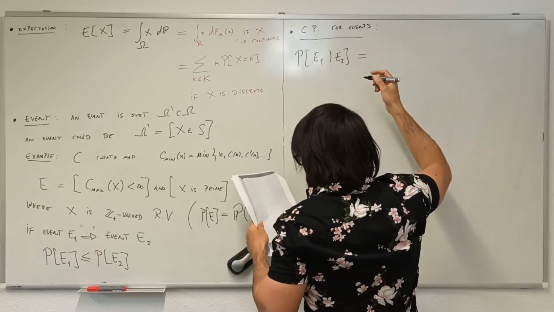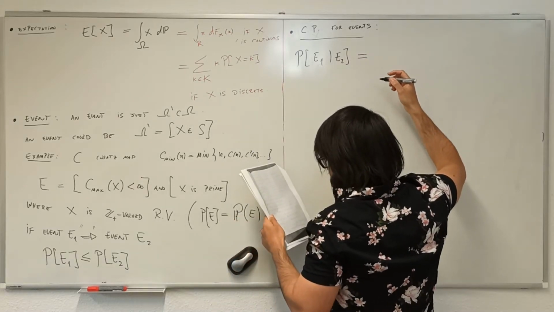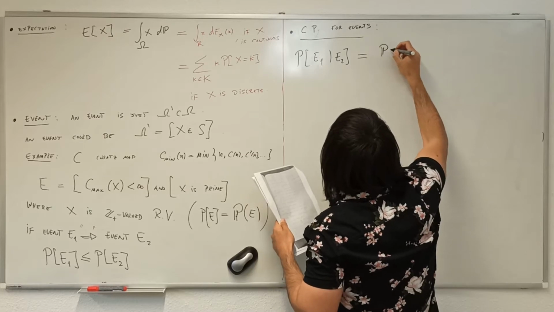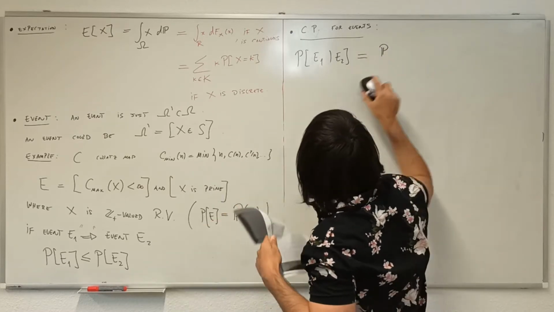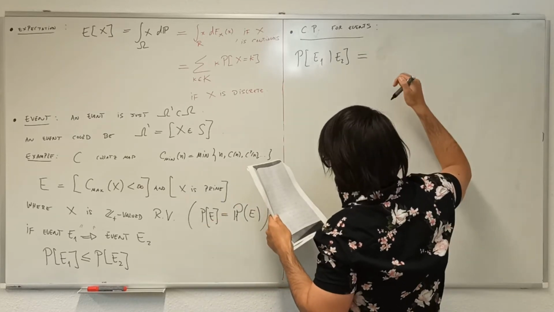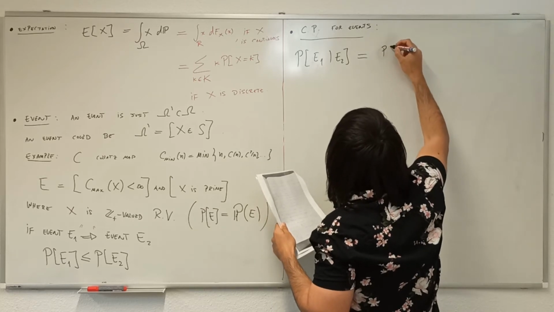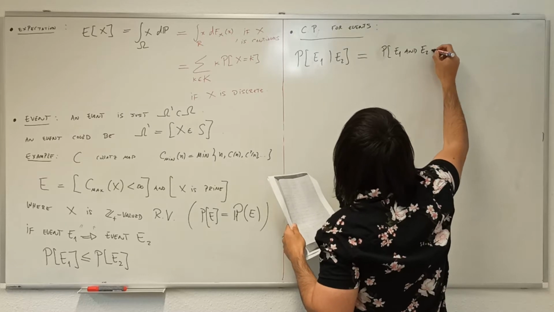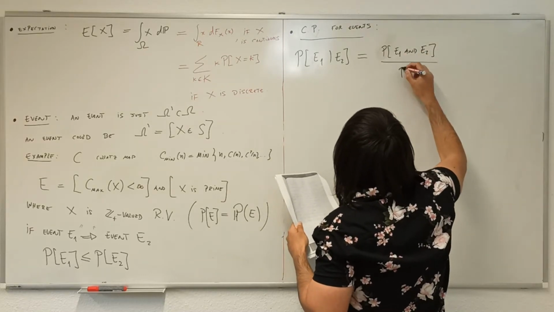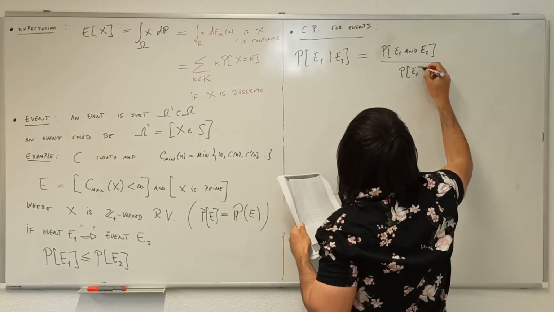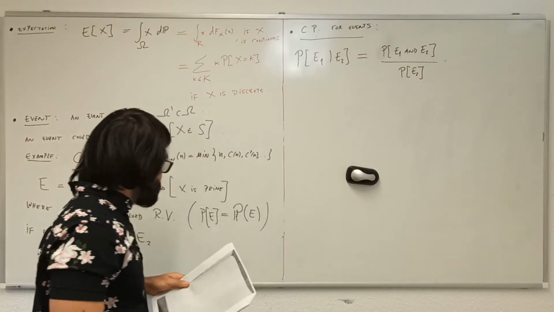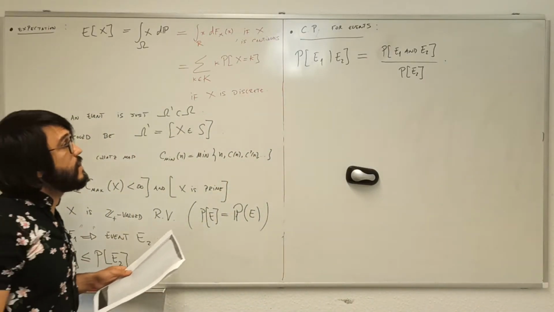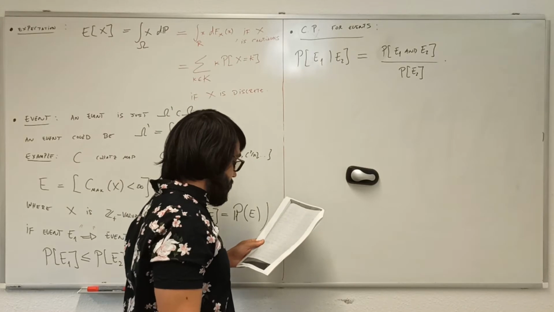By definition, the way I defined it before, it is just the probability of event 1 and event 2 happening simultaneously, divided by the probability of event 2. Okay?